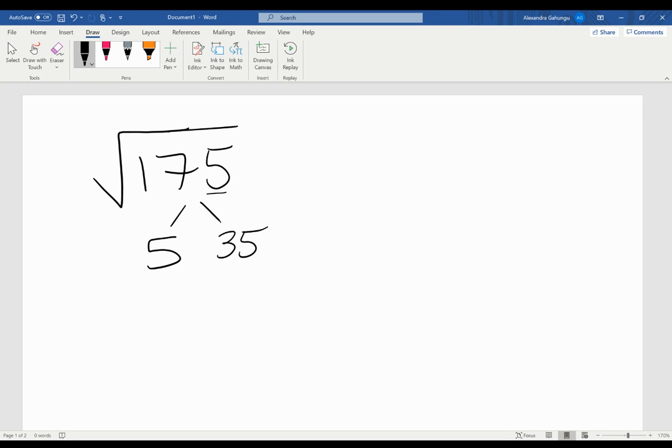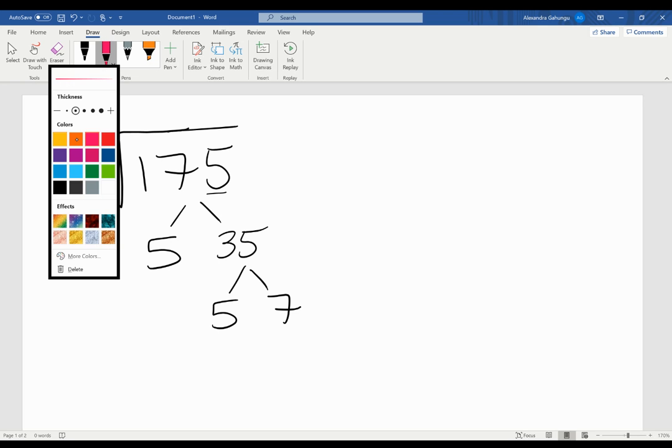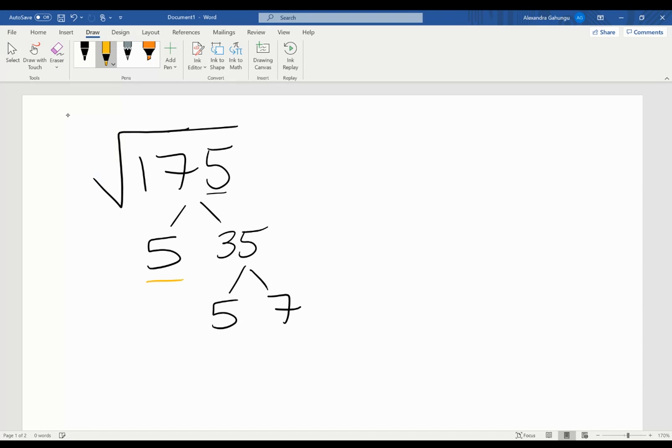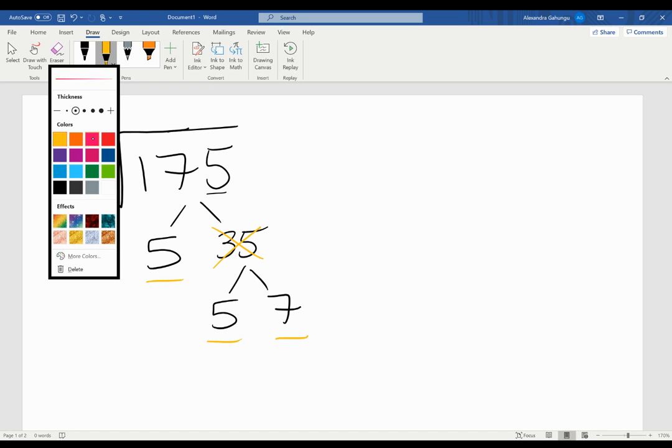It doesn't matter what you break it up into, because at the very end, you'll get the same prime factors. And that'll be 5 and 7. Okay, so we're looking at the ends of our tree. So 5, 5, 7. Those are the ends. 35 was broken up, so it's not part of the buddies that can leave the house.